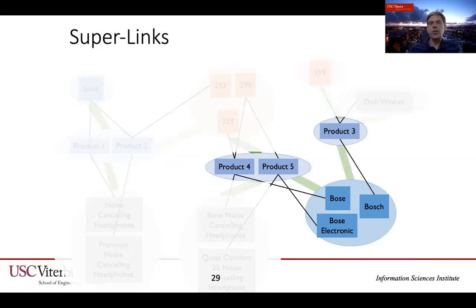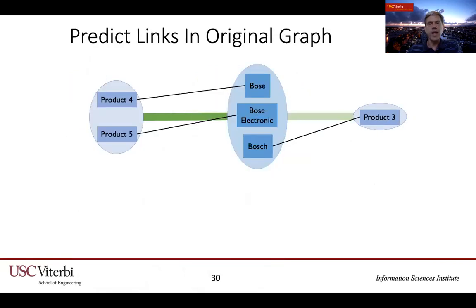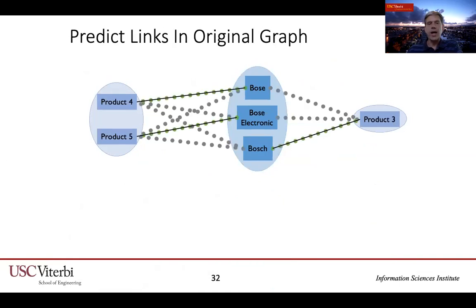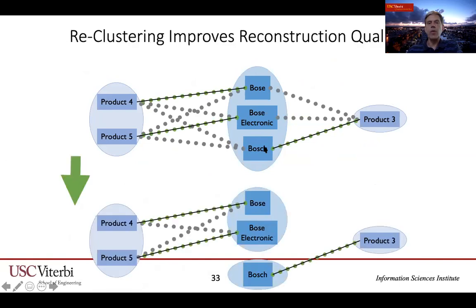So if we take a particular subset of this, so I'll just take this little subset of the overall graph, and I can expand it out. And I look at this and I say, all right, I have these super links. And what the super links in this graph are telling me is that it would correspond to all of these different links here between the individual nodes. And if we reorganize things a little bit, so if we take this middle node here and say, well, what if we broke that down?